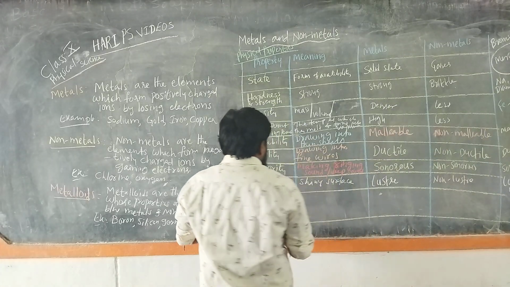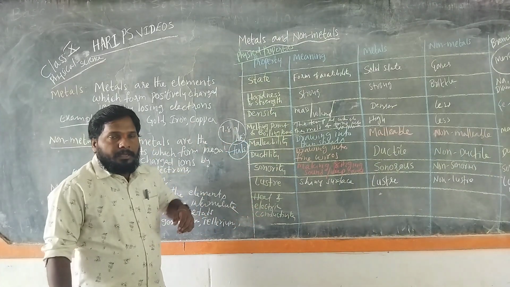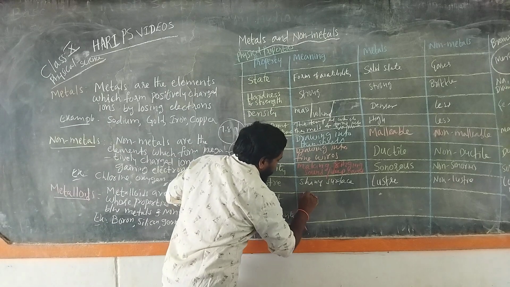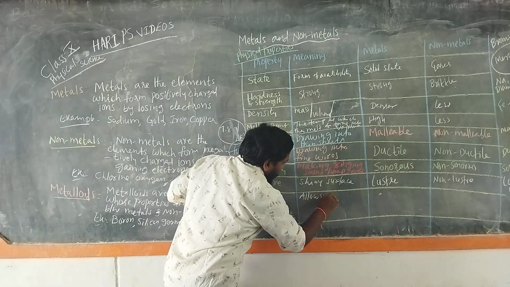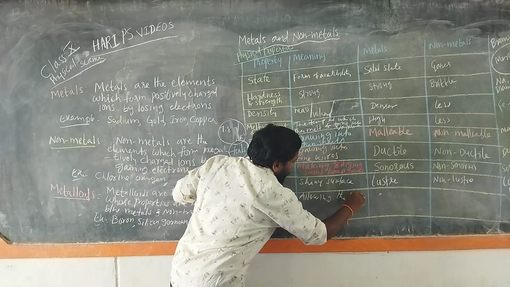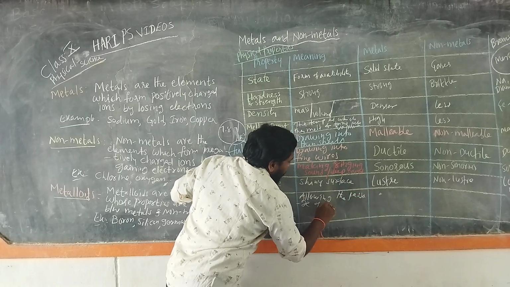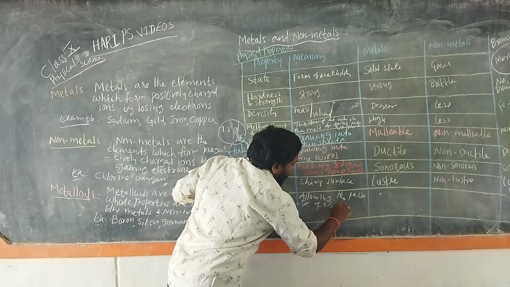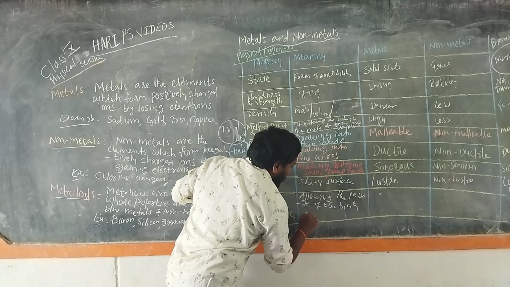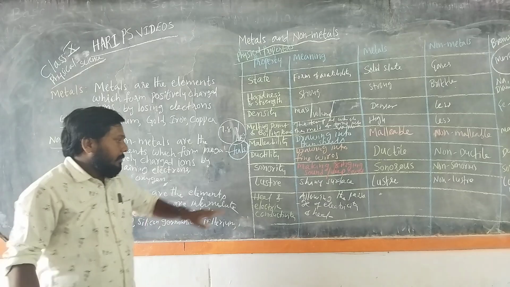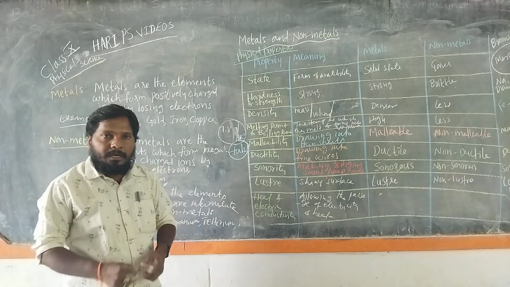Then heat and electric conductivity. Allowing the passage of electricity and heat is called heat conductivity and electric conductivity.